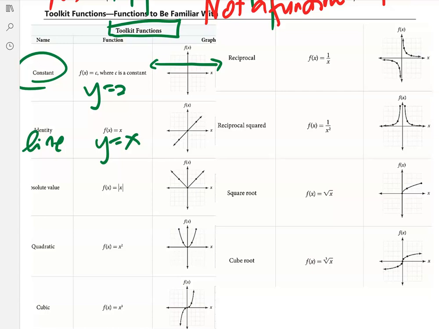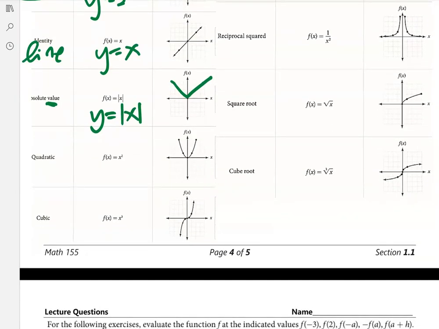Absolute value function. To remember the absolute value, remember the V shape, or you can write this as y equals absolute value of x. Next one is quadratic, meaning it's a parabola. f of x equal to x squared.